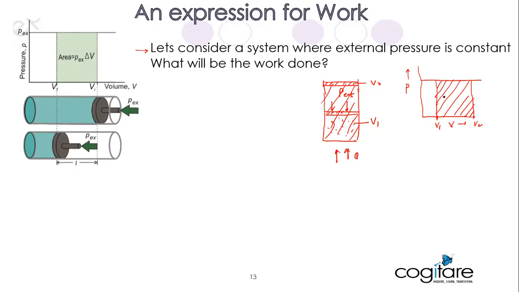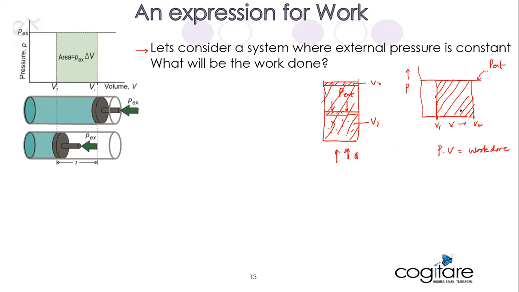In this PV graph, we have shown pressure is maintained constant. We're going to call this P external. Volume is increasing. My question is, what will this shaded area represent? So work done. We saw, when we did P into V, before I started explaining all this, that P into V will always be equal to work done, isn't it?